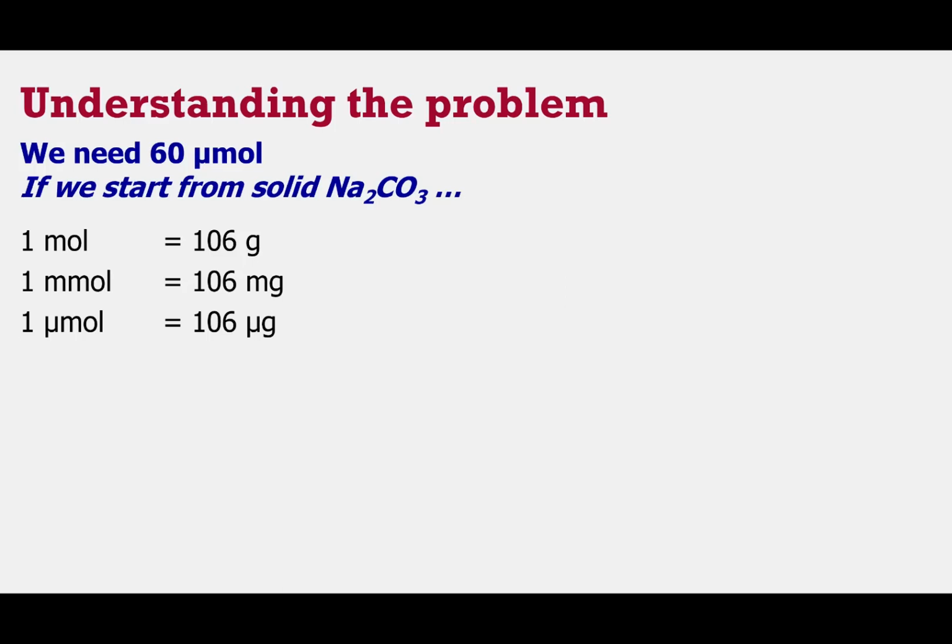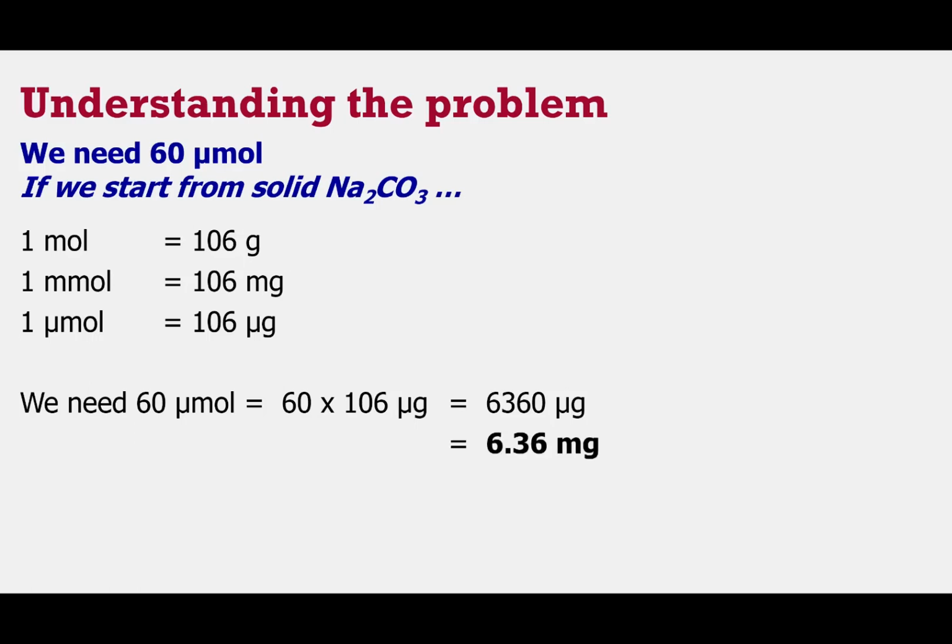We can see that we've got 60 of those, so in total we're going to have 60 times 106 micrograms, which is 6,360 micrograms. Obviously, again, wouldn't leave it described like that. That's 6.36 milligrams. Now, it's worth just mentioning in passing that that would be 0.00636 grams.